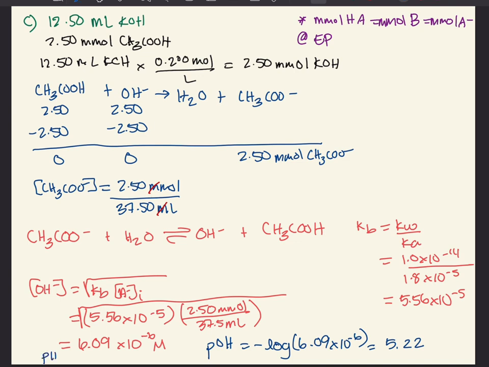So pH is going to be equal to 14 minus 5.22, which is equal to 8.78. Now, does this pH level make sense? I have a weak acid and a strong base. So at the equivalence point, I should have a basic pH. 8.78 is a basic pH. So yes, this does make sense.